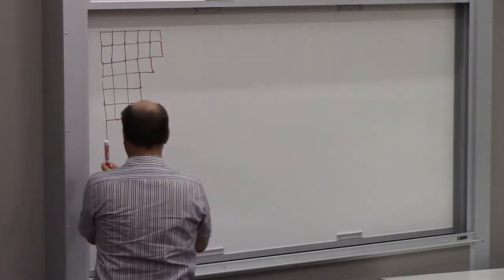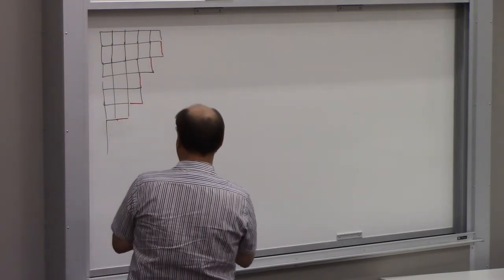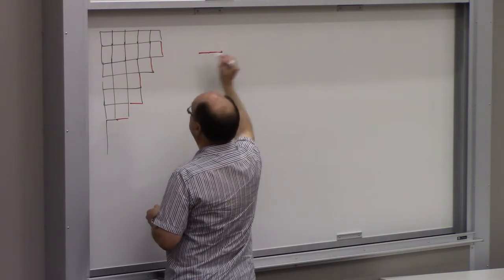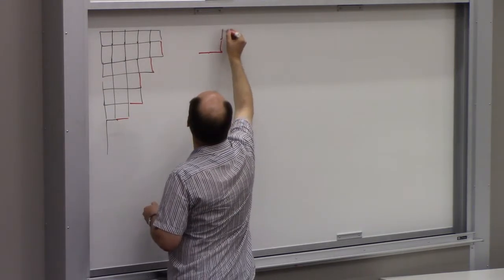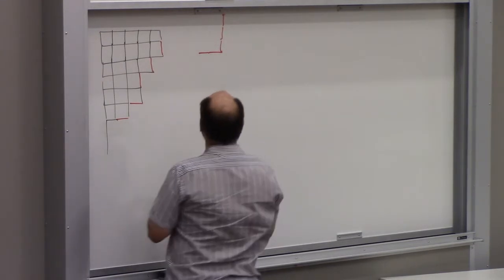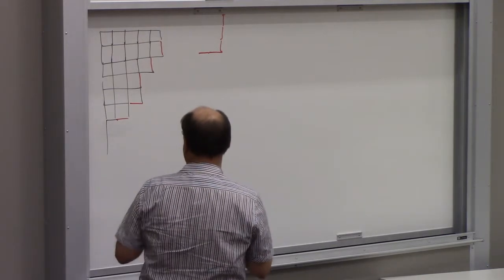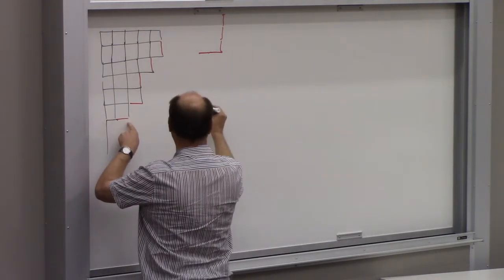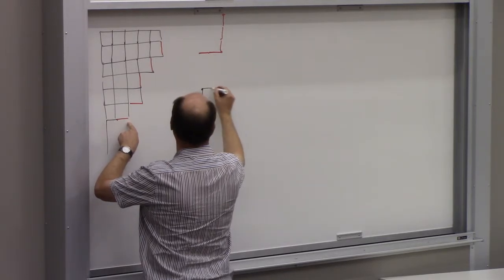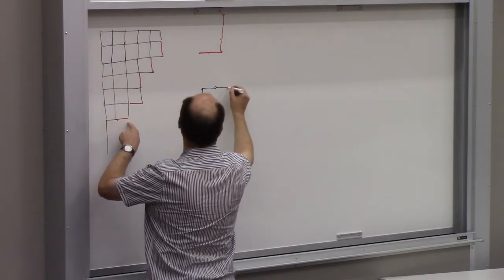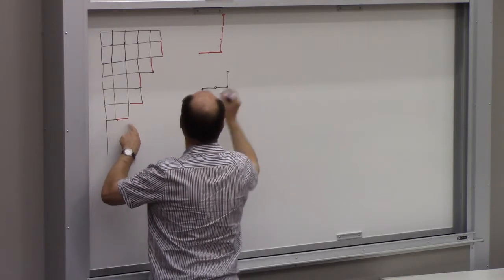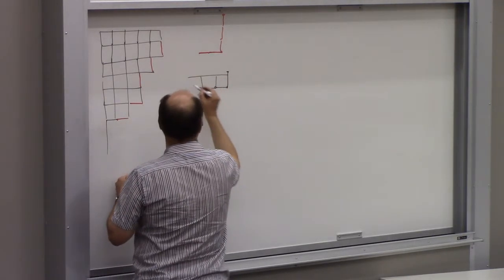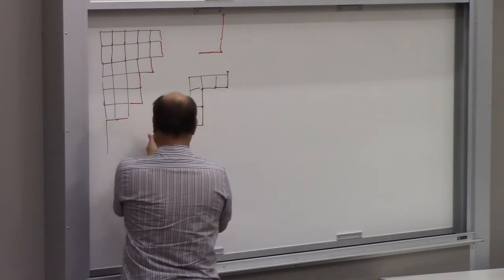Now I take the red edges. That's one partition. And I take the black edges. That's my other partition. Is it correct? It's the same.